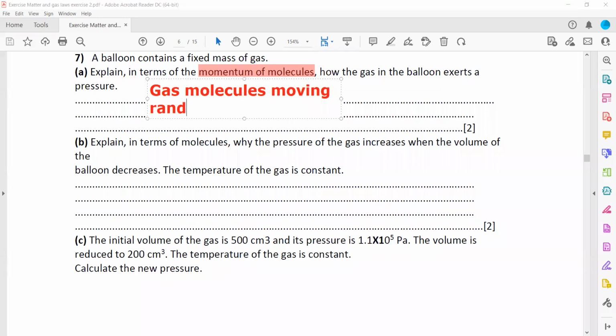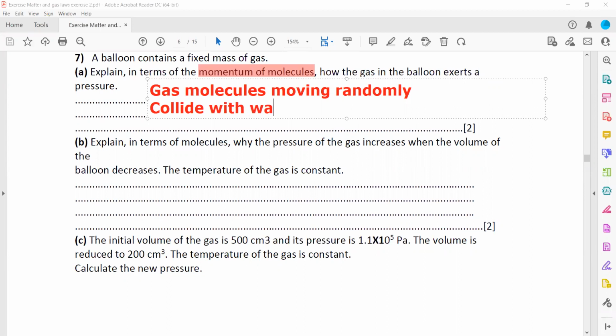That is one thing. Then, as a result, when the gas molecules are moving randomly, they will collide with the wall and change momentum as they bounce back.